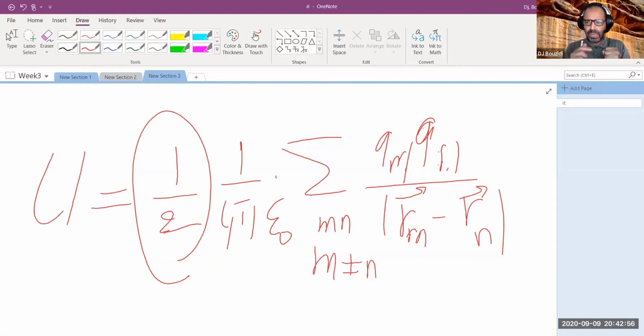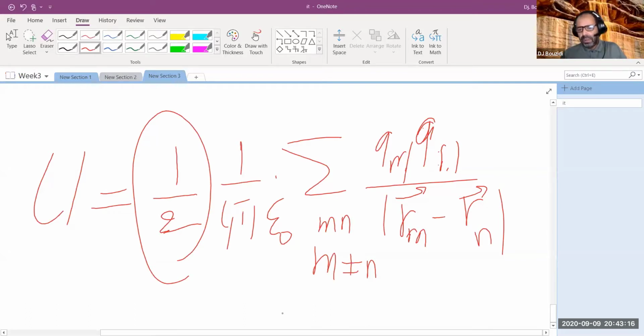So the sum here is between all the charges paired together. You assemble many of them, put them together one next to another, and that's basically how you find the electrostatic energy in this case. This is in joules, so this is how much energy it takes to assemble them.